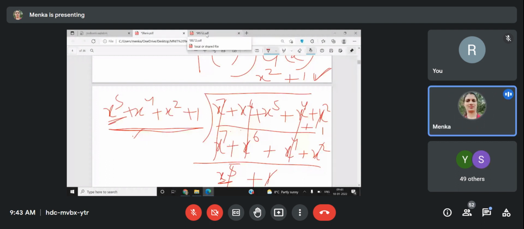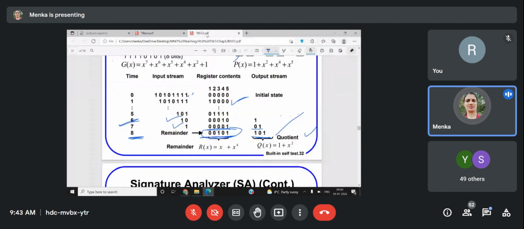And the same thing we are doing with the help of this also. This will actually be x square. You are having LSB here and MSB here. So this is x raised to power 4, the coefficient of x raised to power 3 is 0, and this is x raised to power 2. So the remainder is x square plus x^4.